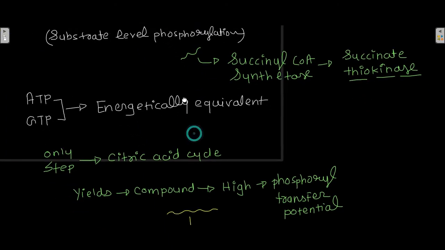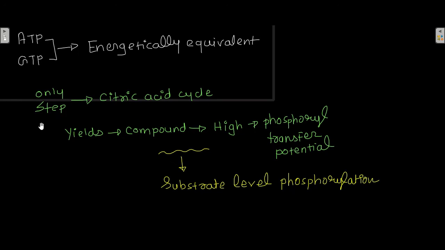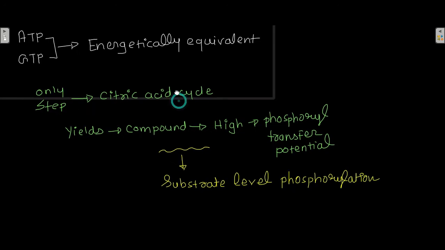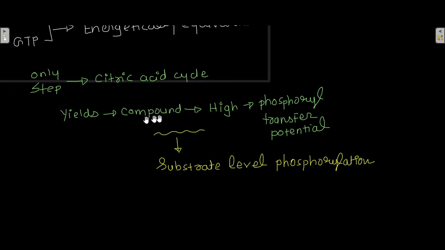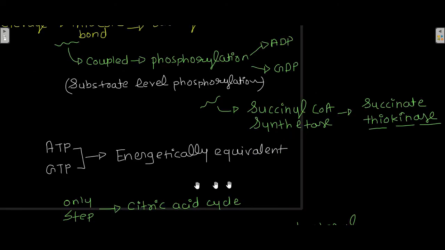Okay, so this step is the only step of the citric acid cycle that yields a compound which has a high phosphoryl transfer potential through substrate level phosphorylation. That compound is either ATP or GTP.